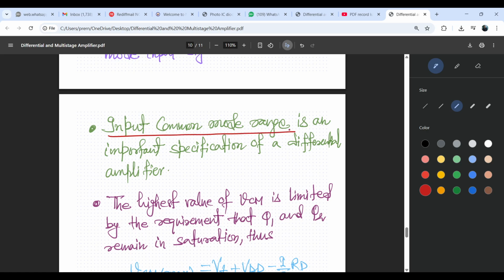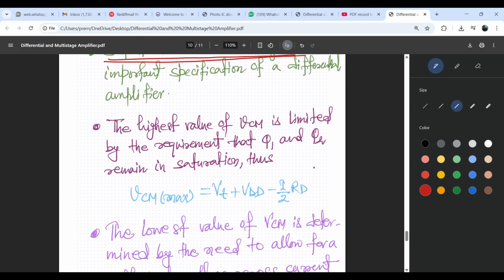Now, input common mode range is an important specification of a differential amplifier. When both transistors Q1 and Q2 are in saturation, the highest value of VCM, the common mode voltage, will be VT plus VDD minus I by 2 RD. This one is basically our VD, so VCM max will be VD plus VT.